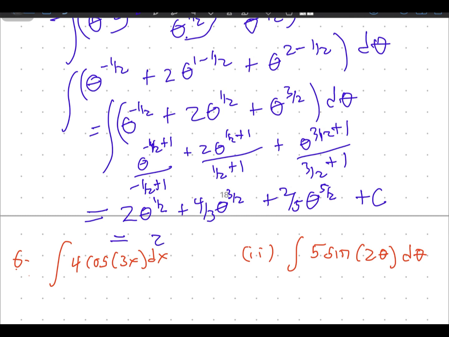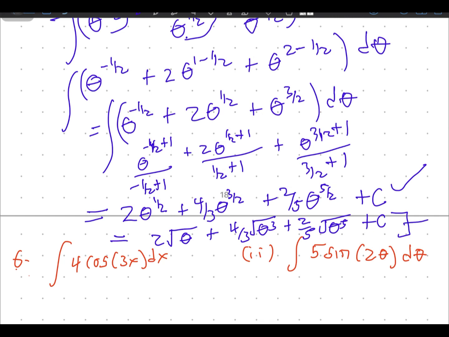You can also decide to simplify depending on which of them you are comfortable with. You can decide to leave it here, and you can decide to also simplify it by using your algebra knowledge skill, which is 4 over 3 square root of theta cubed plus 2 over 5 square root of theta to the 5, plus c.